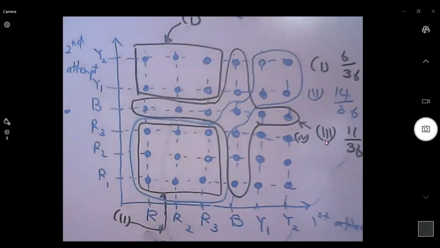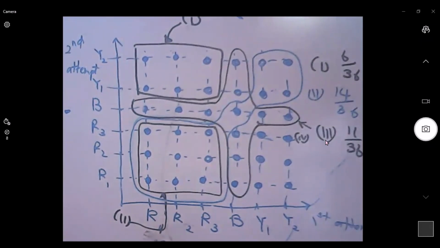What are the mutually exclusive events? What is meant by mutually exclusive? Disjoint. The intersection is a null set.